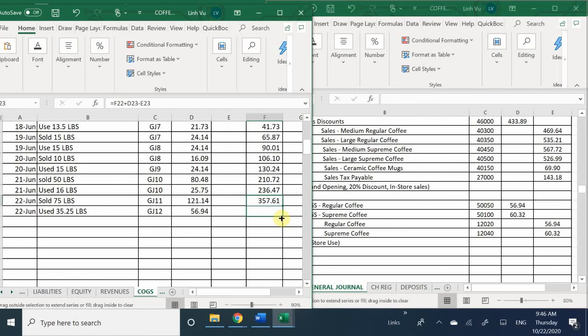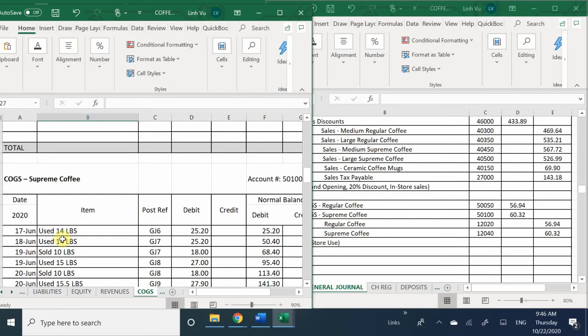We're not subtracting, we're adding. 414.55. Okay.